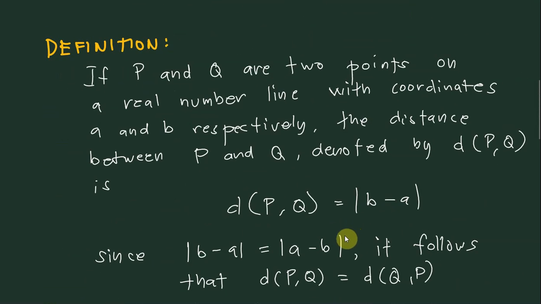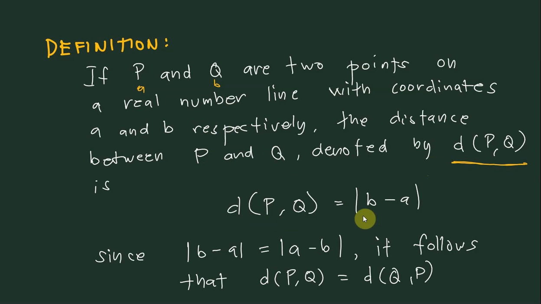Now let's proceed to another definition. If P and Q are 2 points on a real number line with coordinates A and B respectively, the coordinate of P is A and the coordinate of Q is B. The distance between P and Q, denoted by d(P, Q), is just notation for finding the distance.